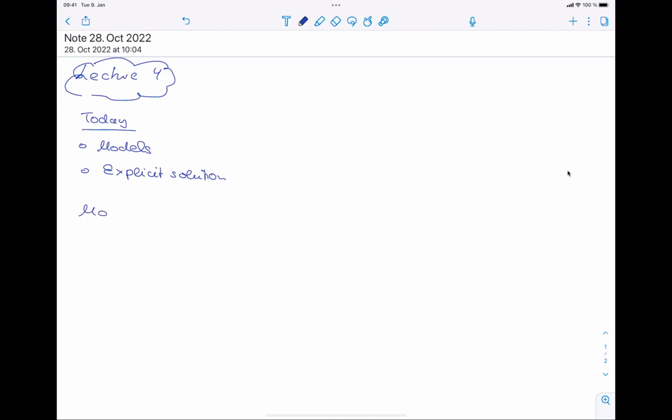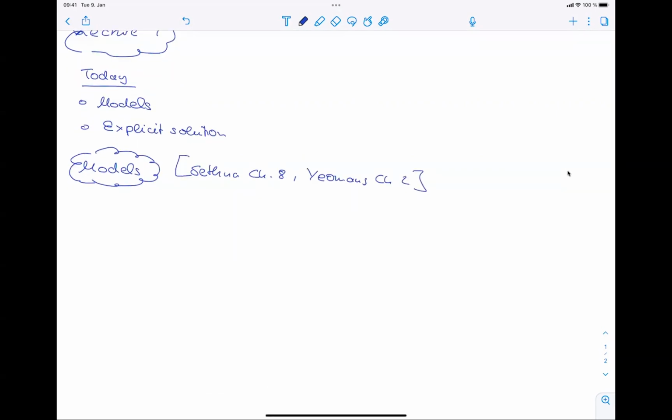So the topic on models, we are following Sethna chapter 8 and Yeomans chapter 2. And the model that will be of most interest, and is seen also on the problem set already popping up, is the Ising model.